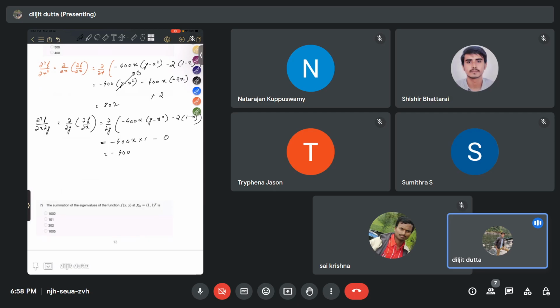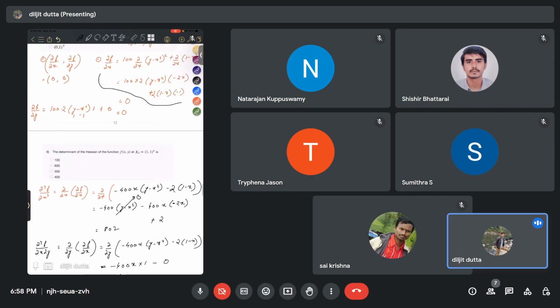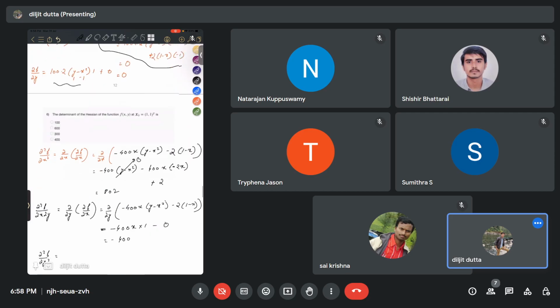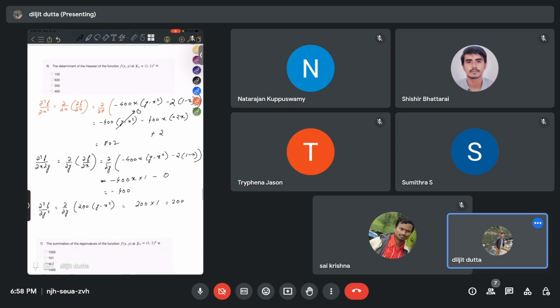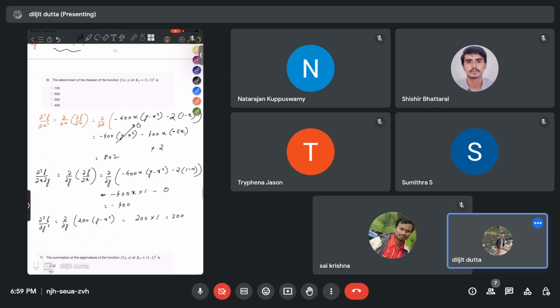And lastly, the last term will be del square f by del y square. We already have del f by del y, so it will be del by del y into 200 into y minus x square. So 200 will come outside the derivative, and del by del y of y minus x square is equal to 1, into 200.